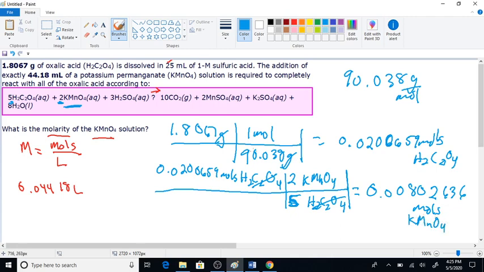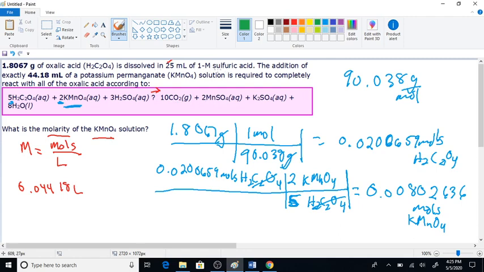Now what we need to do is see what this other stuff right here is going to produce for us. Is this the excess, or is this the limiting reactant? It just has a feel that this is that.